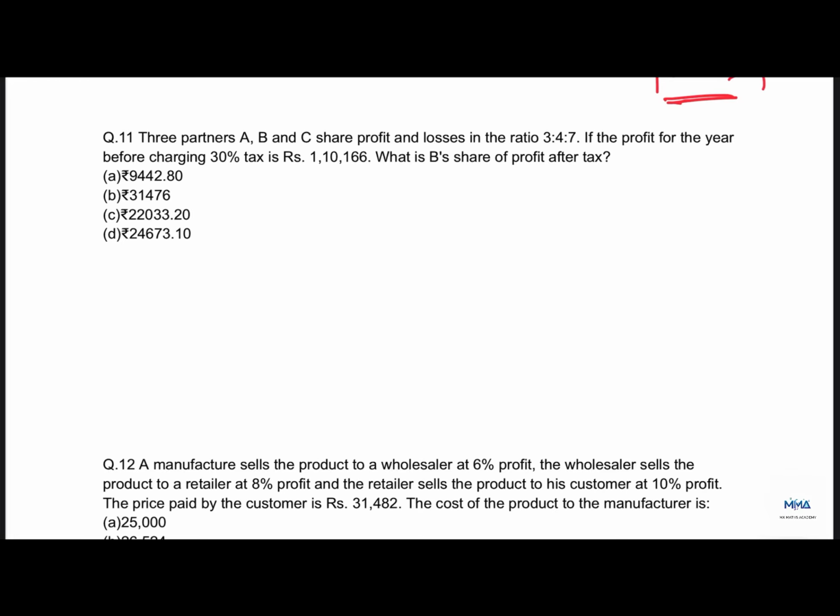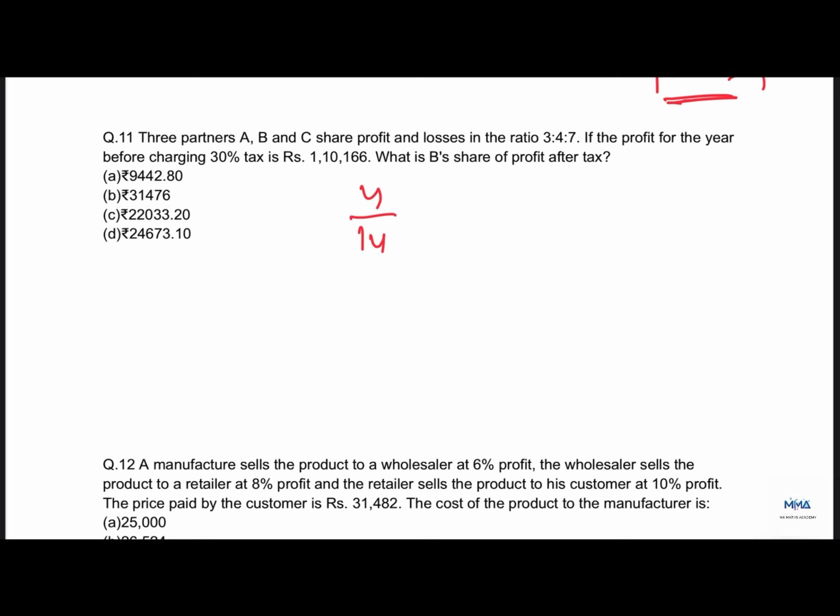Three partners A, B and C share profit and losses in the ratio 3:4:7. If the profit of the year before charging 30% tax is 1,10,166, what is B's share of profit after the tax? Normally, B's share of profit is going to be 4 by 14 part of whatever profit they get.